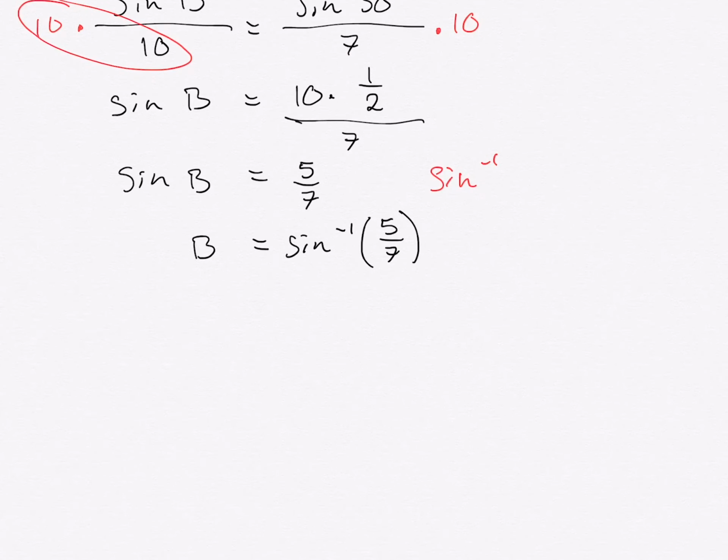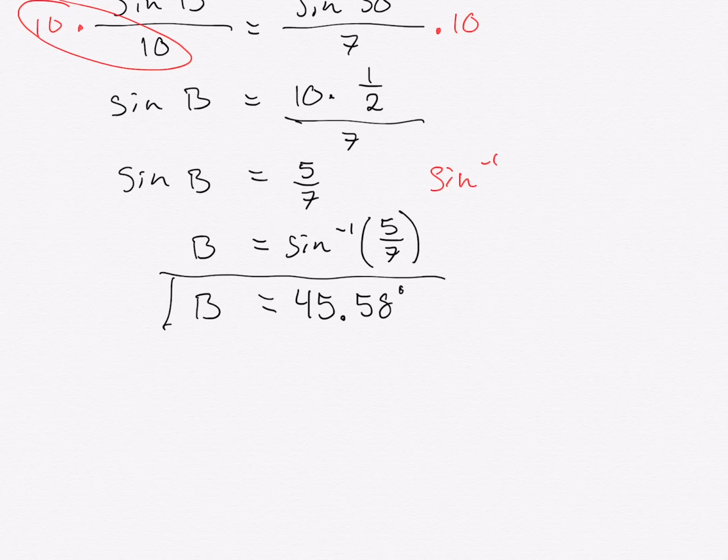Using our scientific calculator, we find that the inverse sine of 5/7 is 45.58 degrees. This is approximate. I've rounded it to the second decimal place there. It's actually 0.5846914. We don't need that much accuracy, although I guess it depends on the call of the question.